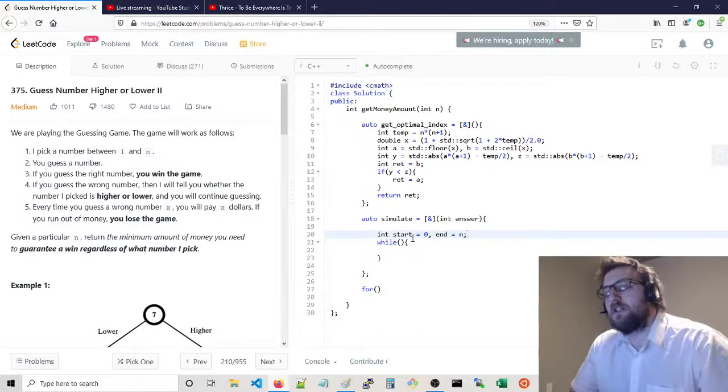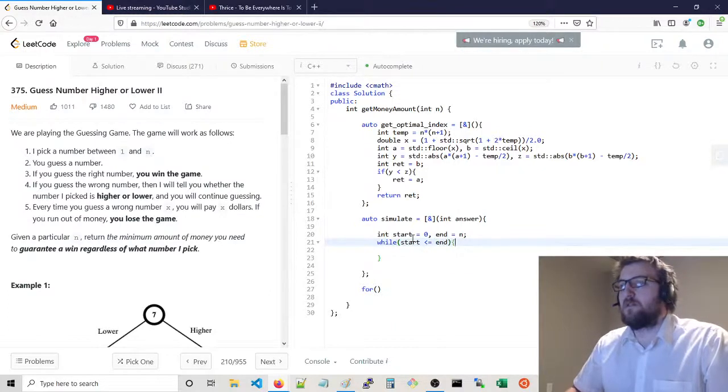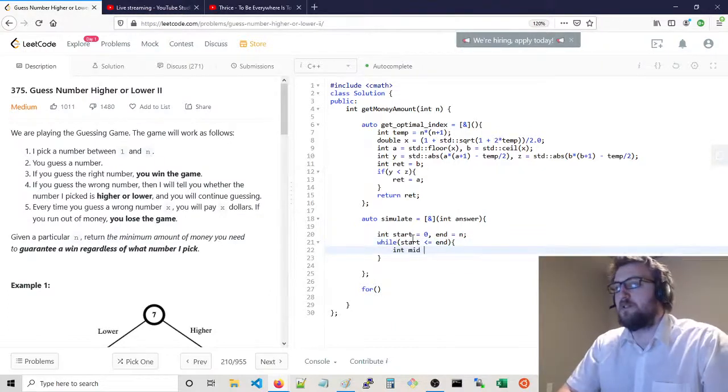This is going to be a lot like a binary search. And we have a start and end. We're going to say int mid. It's going to be start plus, no. So here's the thing: the midpoint, or the guess, is going to be actually the get optimal index, right?